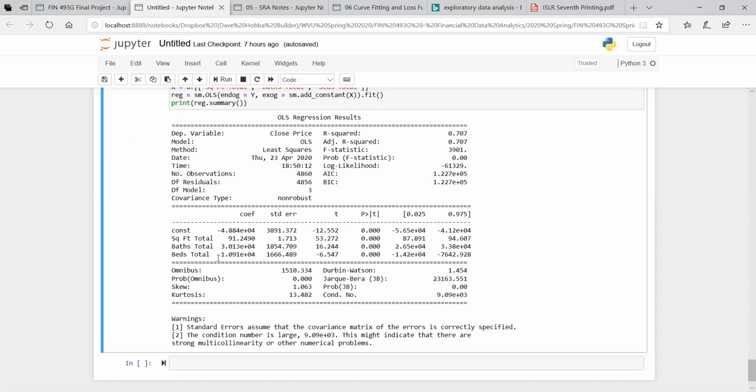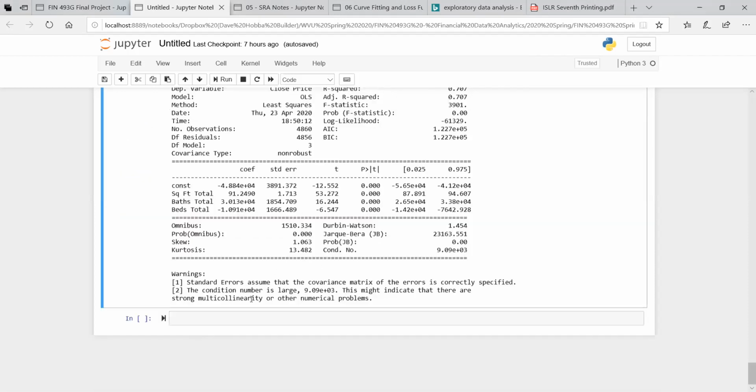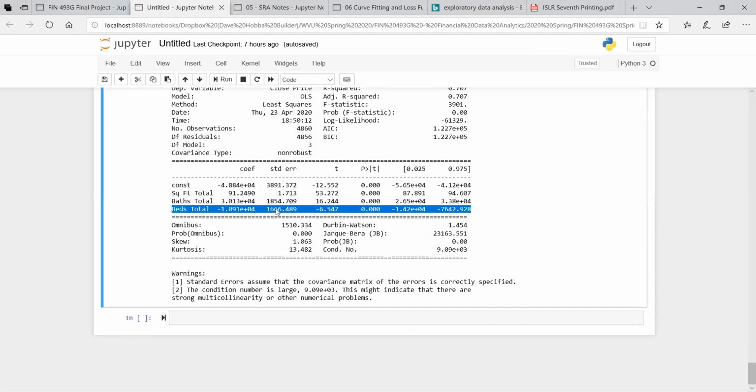You're saying as you increase the number of bedrooms, it decreases the value of the home. That doesn't quite make sense, but this may not be linear either. So these are collinear, and that is a problem. So you couldn't have the number of bedrooms included in this regression, given all of the other independent variables.